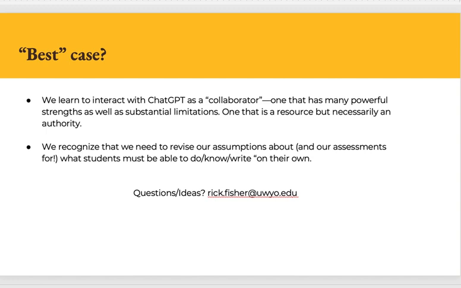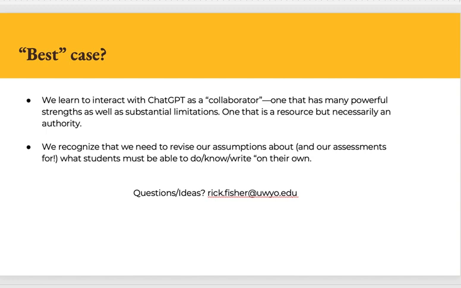And then as a second takeaway, possibly, maybe we need to recognize a need to revise our assumptions and our assessments for what students must be able to do, know, and write on their own, right? So that idea of independence of knowledge, I think that we're going to have to start challenging that in big ways.